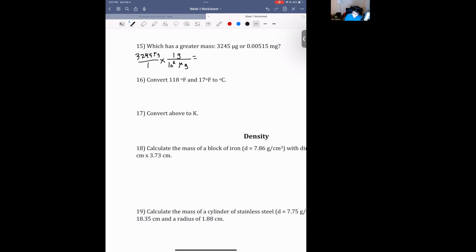So it should end up being 3.245 times 10 to the negative 3. Just want to double check here. Yeah. So this is 3.245 times 10 to the negative 3 grams.